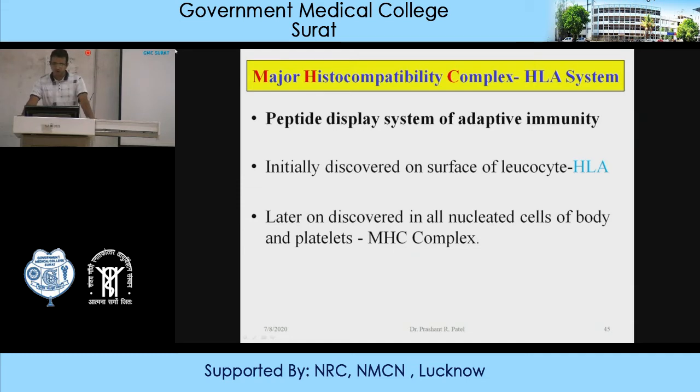So any foreign antigen requires presentation by the MHC HLA complex system. Initially, this complex was discovered on the surface of leukocytes. That's why it is known as the HLA complex. Later on, it was discovered on all nucleated cells of the body and platelets. That's why it was renamed as the MHC complex.